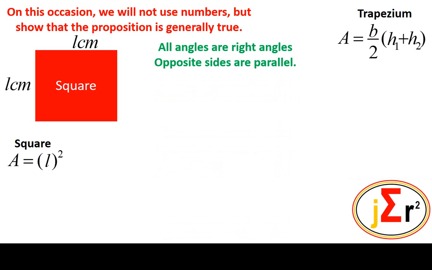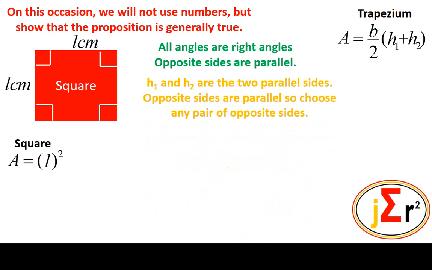All angles are right angles, opposite sides are parallel. H1 and H2 are the two parallel sides. Opposite sides are parallel, so choose any pair of opposite sides, and we will choose these two. It doesn't matter. All of them are of equal length, and opposite sides are parallel. So the upper is parallel to the lower, and we may use them.